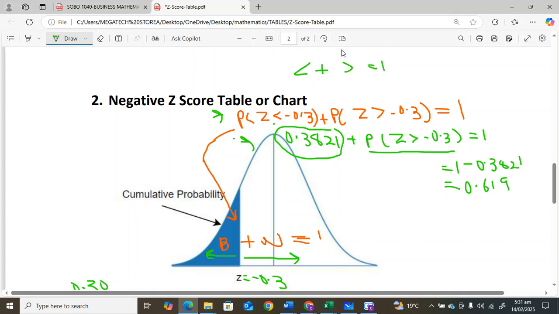Then whatever Z score you have, you just put it there. Any other questions?